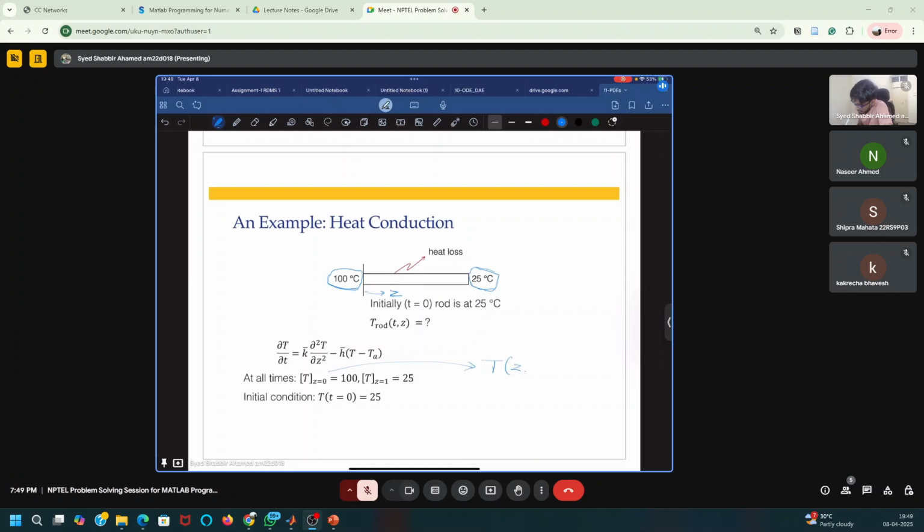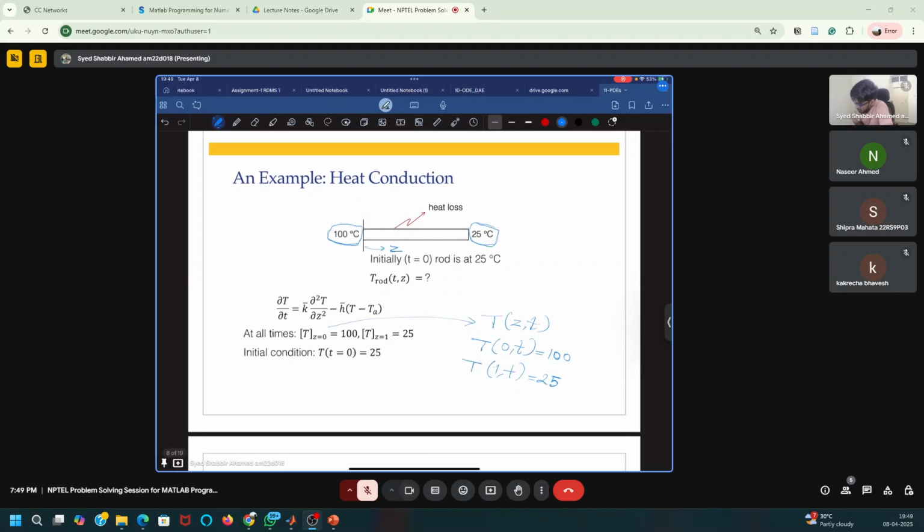We can write this as T(z, t) because we have two independent variables. So at z equals 0, at all times, we have temperature 100, and at z equals L, at all times, the temperature is 25 degrees Celsius.